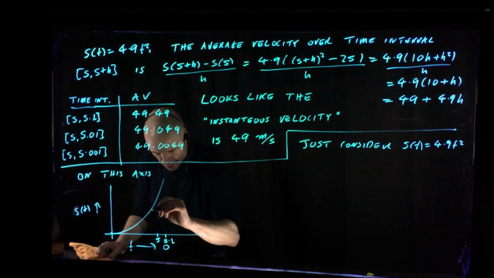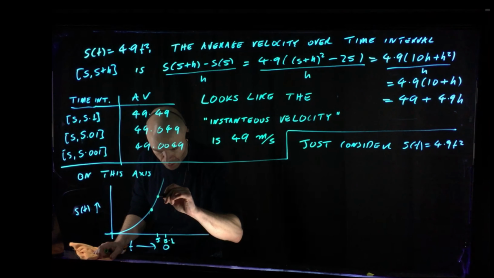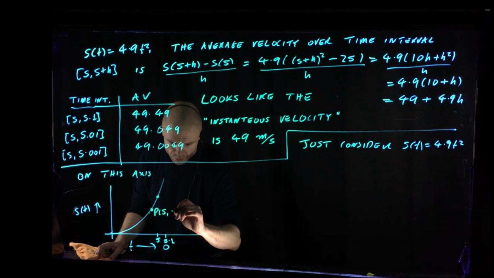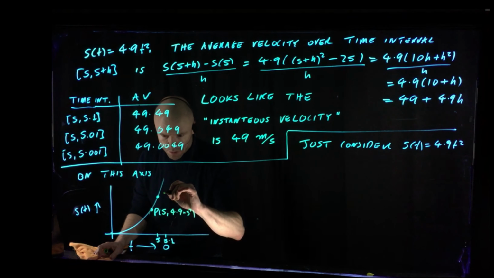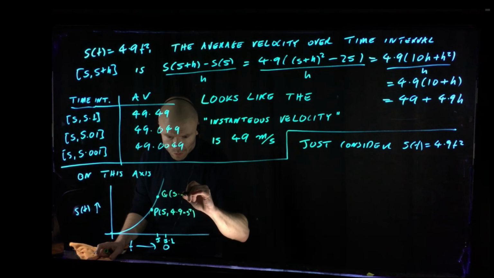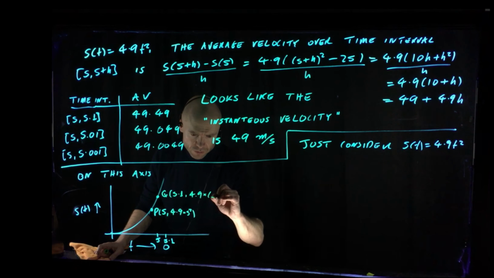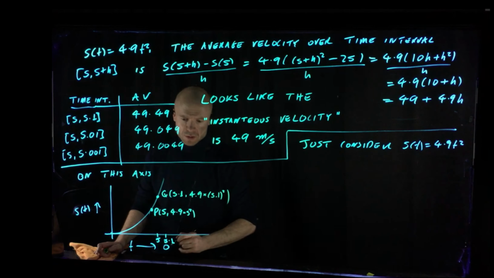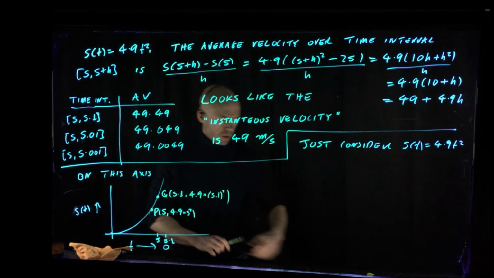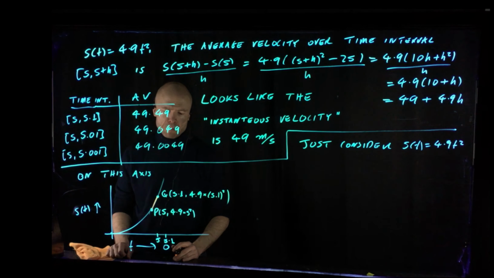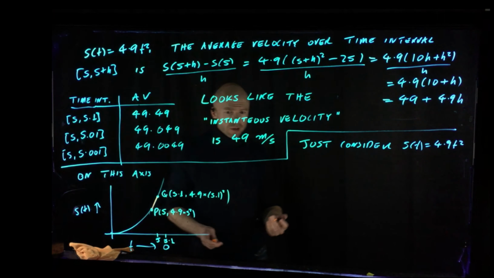and then we consider the slope of these points. So this will be p, at 5, 4.9 times 5 squared, and this will be q, at 5.1, 4.9 times 5.1 squared. Okay, if we consider the slope of this, that's exactly what we've been looking at before, right?